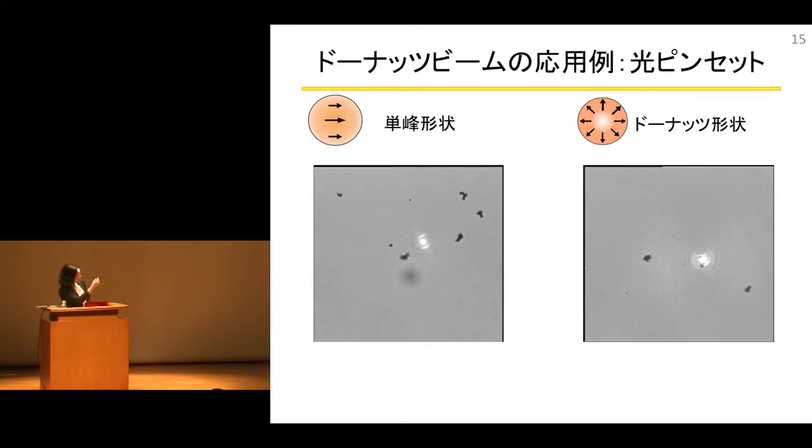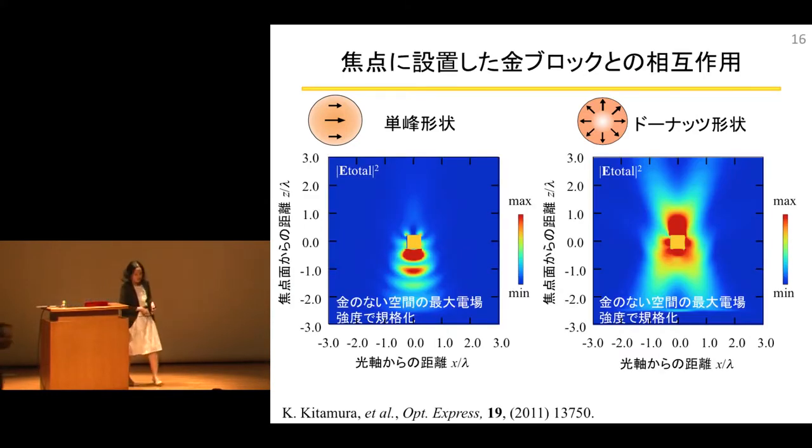This technology is called light forceps. This technology can be applied to many different areas, especially in life science. And these results can be described in this analysis. This is the situation when we place the metal in the single lobe. The metal reflects the light, that's why it shows in red. And this is the case with the donut-shaped beam.